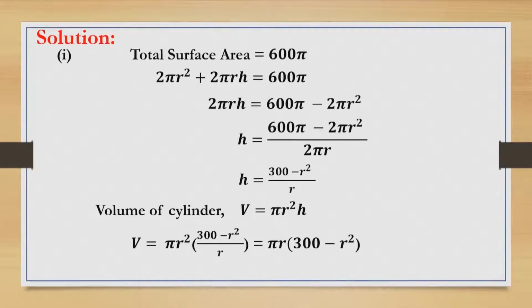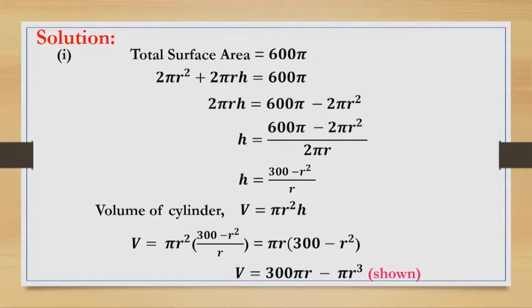Simplifying, I will obtain pi r into 300 minus r square, and expanding the brackets will give me V equal to 300 pi r minus pi r cube. And this was what I was asked to show.